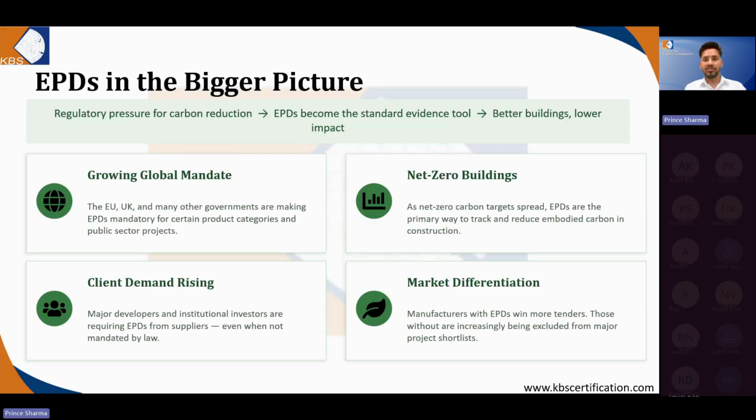For net zero buildings, or somebody planning their project to be net zero or low carbon, and measuring the environmental impact of the project, EPDs of course play a vital role. Then client demand is rising.